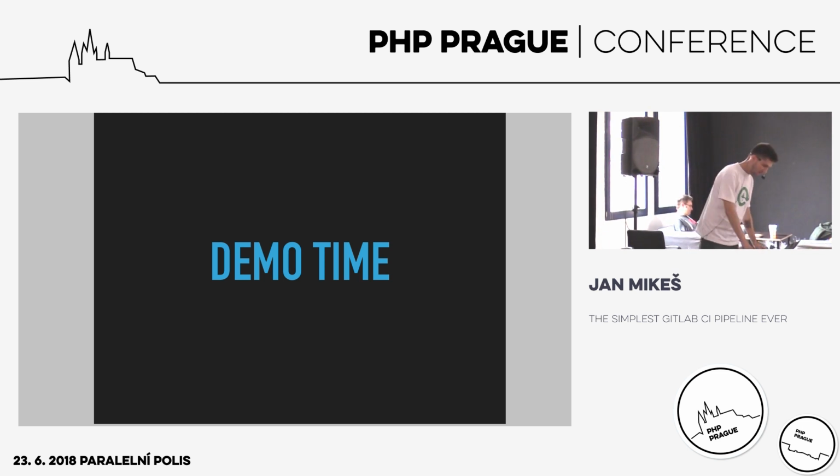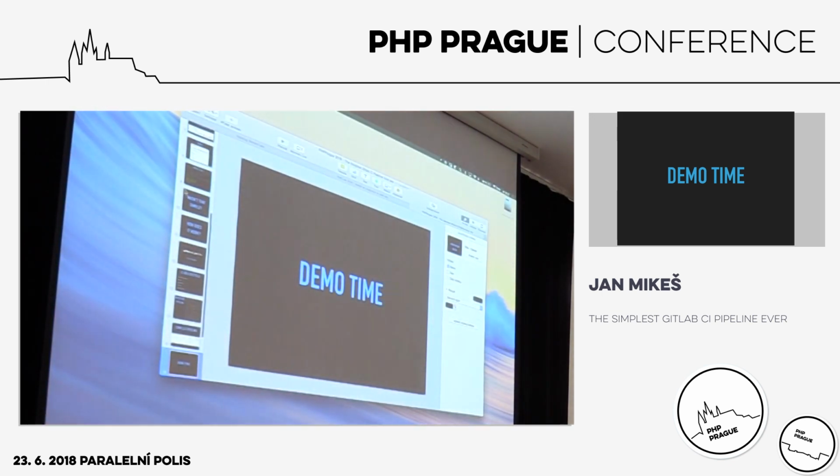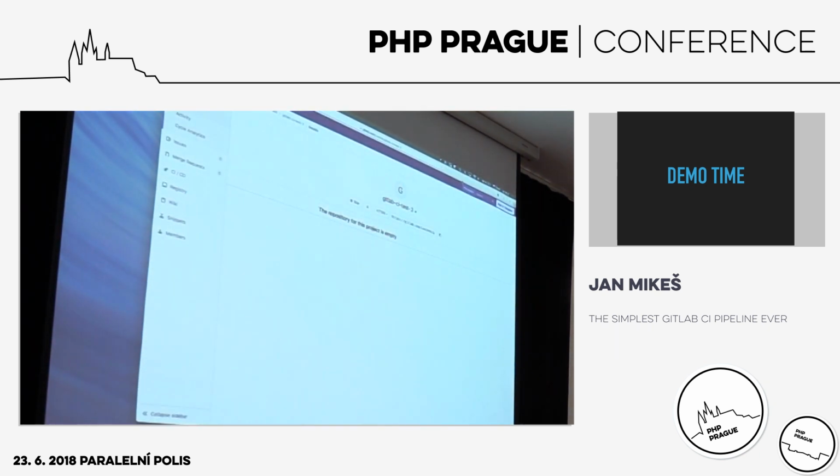So I prepared demo for you to show you how easy it is. We will start with empty repository on GitLab. Yeah, this repository is empty. So, I'm lost. We need to create file. I'm missing something here.